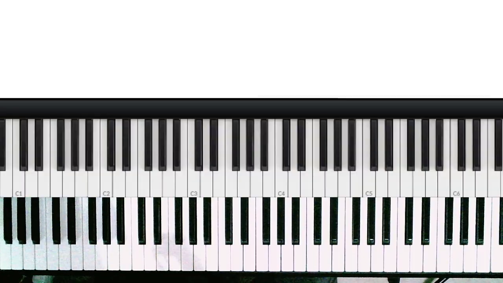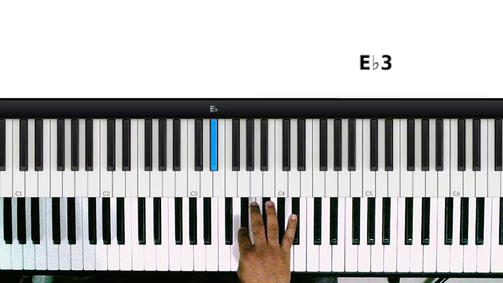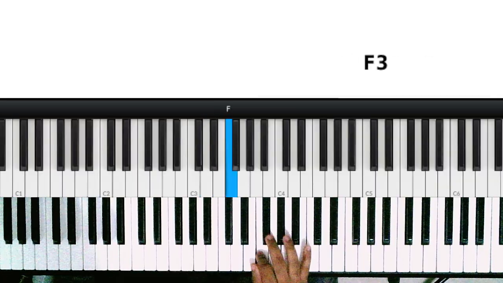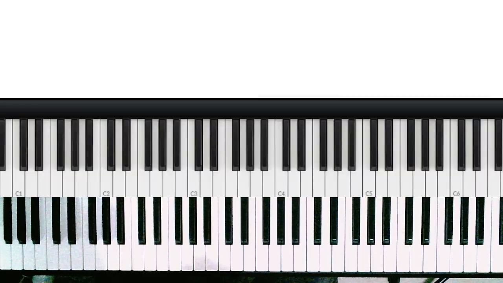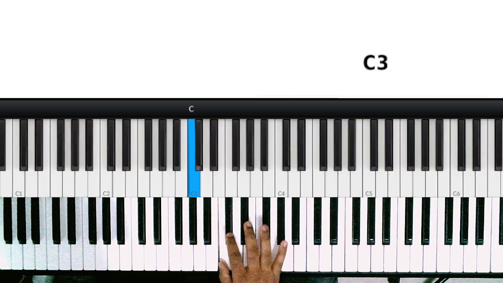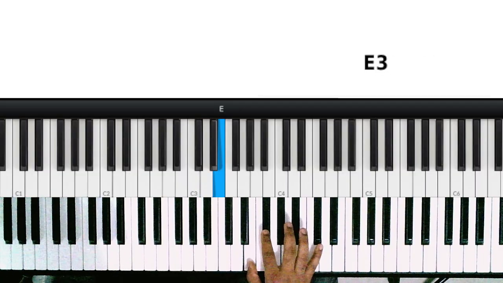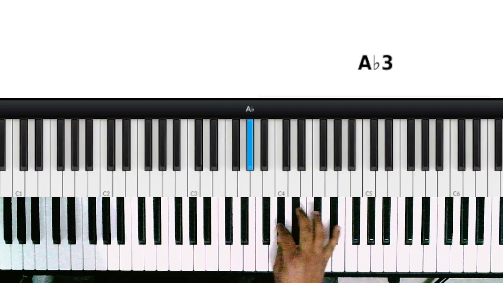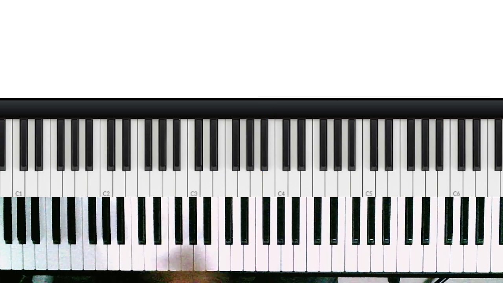So a semitone is one step, and a tone is two steps. And so on. So let me give you the magic formula.